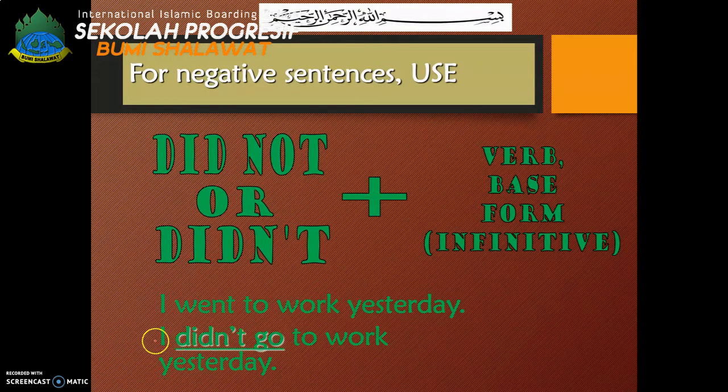Because in a negative sentence, if you have already used did here, don't use verb 2 anymore. So change the verb 2 into verb 1. So after subject, did not, and then verb 1. I repeat again. After subject, didn't or did not plus verb 1. So don't use verb 2 anymore in a negative sentence.